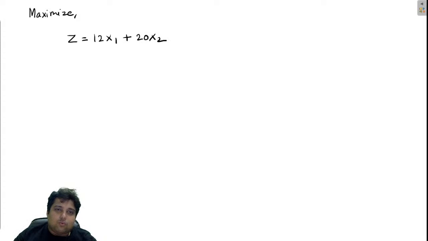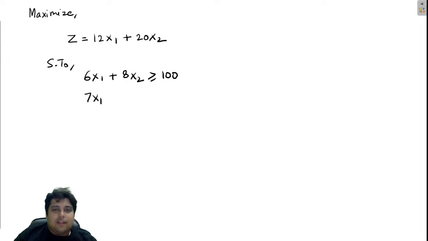So the question is that we have to maximize z equal to 12x1 plus 20x2 subject to 6x1 plus 8x2 greater than equal to 100, 7x1 plus 12x2 greater than equal to 120, x1, x2 greater than equal to 0.